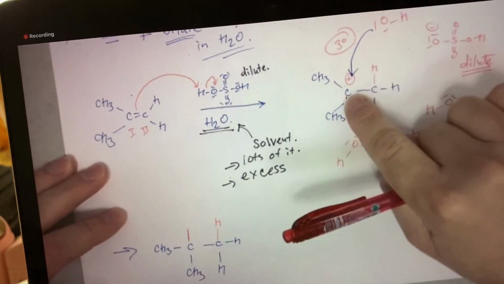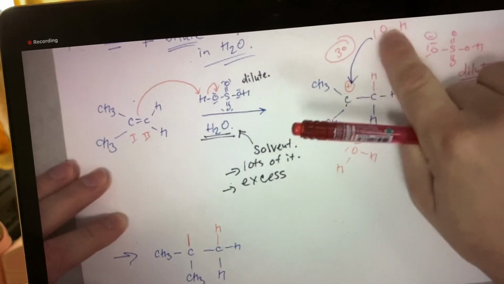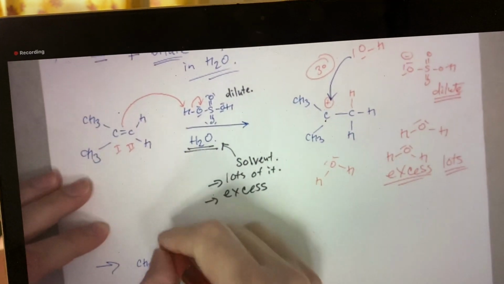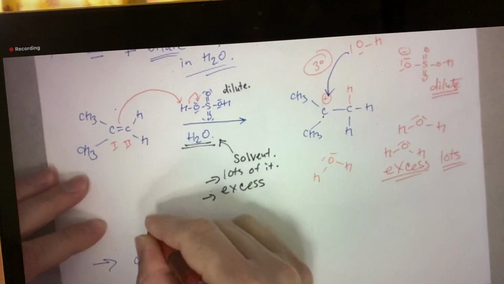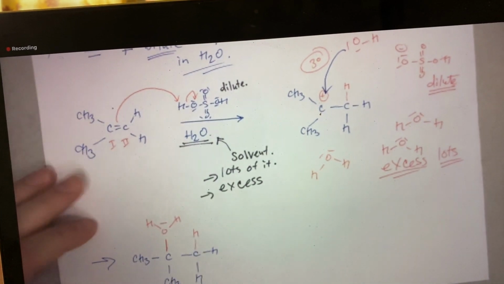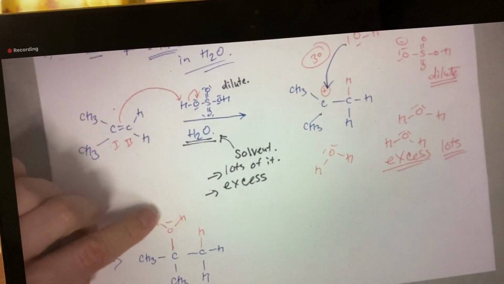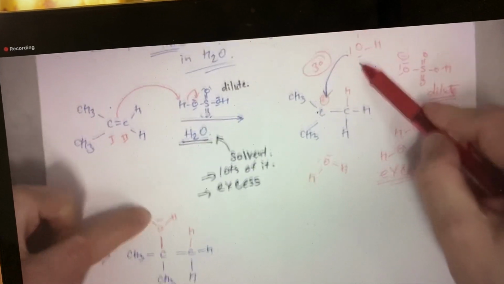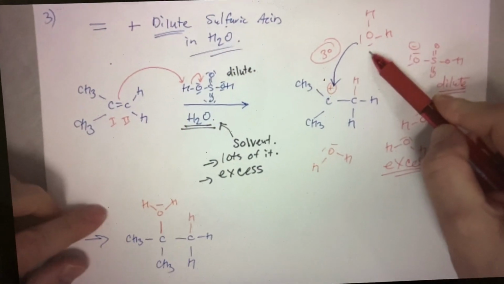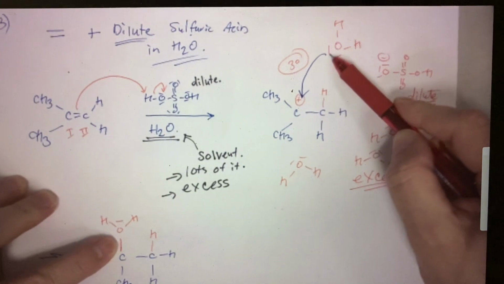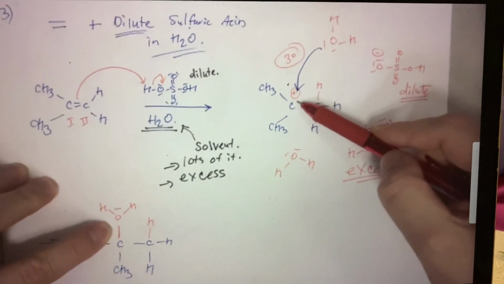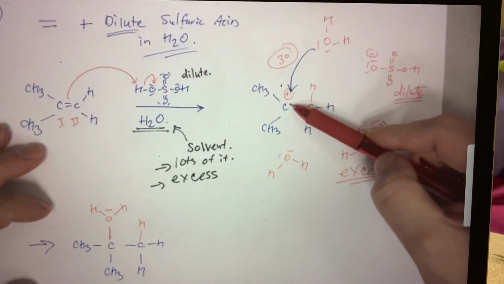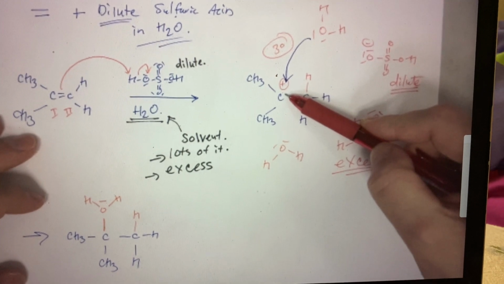Water has electrons. This wants electrons. We're going to make a new covalent bond between oxygen and carbon. Nothing else changes. Oxygen is still bonded to hydrogens, still has one pair of electrons we did nothing with. This is the pair of electrons that we made a new bond with. The carbocation desperately wants electrons, violating the octet rule.